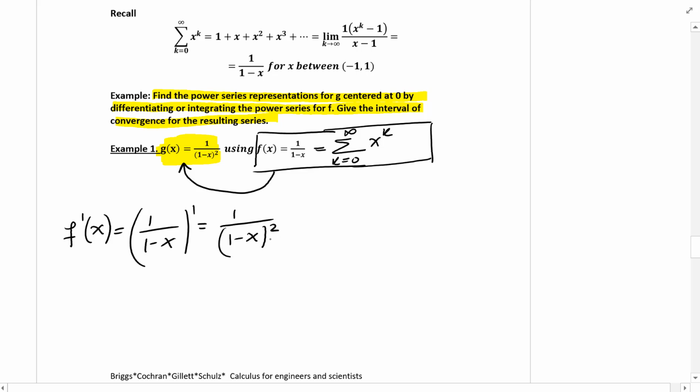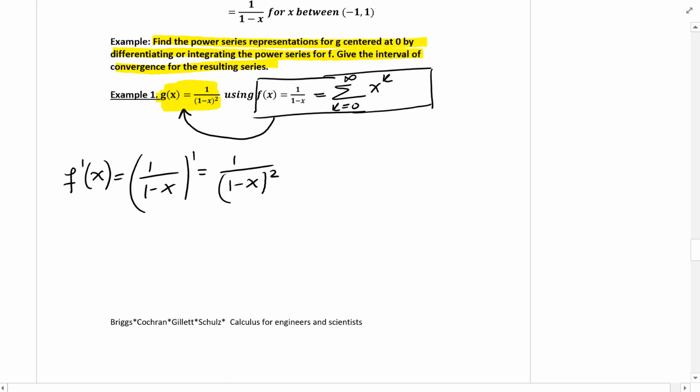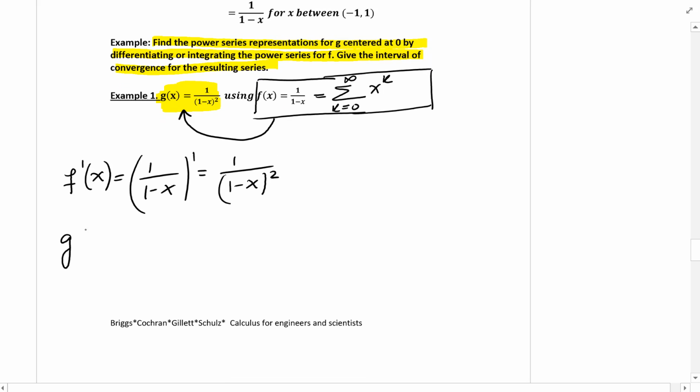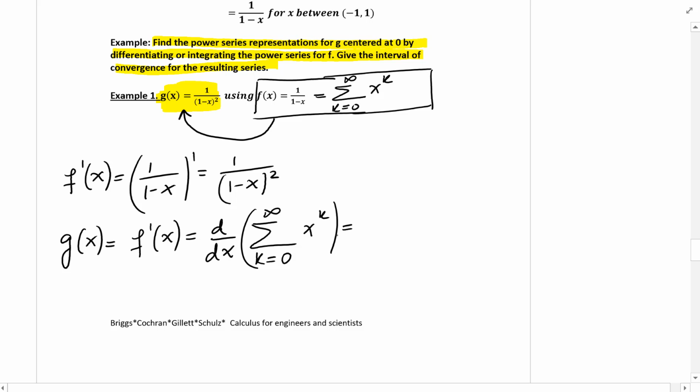So in other words, in order for us to find g of x, we should differentiate f of x. So we are going to differentiate with respect to x the series sum of k equals 0 to infinity of x to the k, and the differentiation is done pointwise.